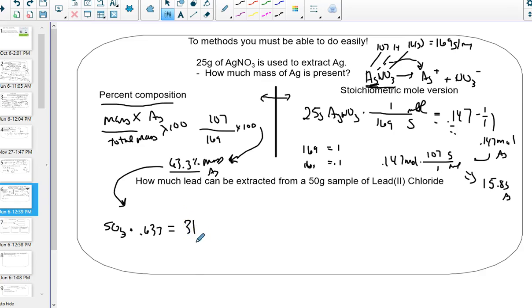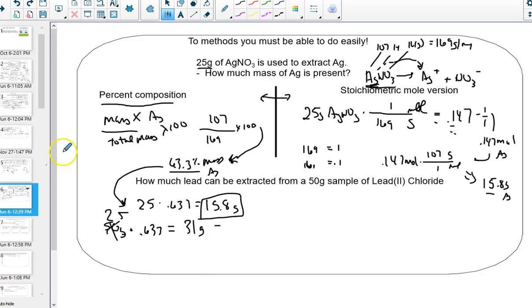Let's see. Alright, so here's the problem. Oh, wonderful. I don't have 50 grams of this thing, I have 25 grams. I doubled it accidentally. So 25 grams, again, these numbers should be identical. 25 grams times 0.633 equals 15.8, right on the button. 15.8 grams.